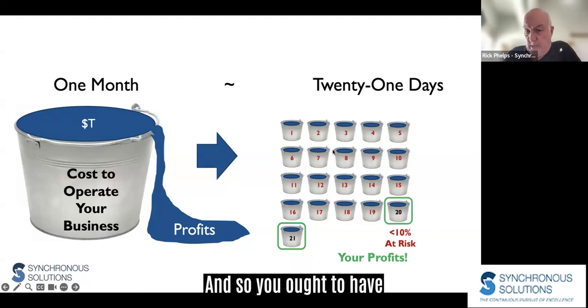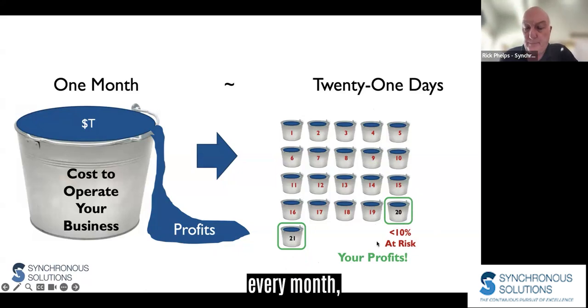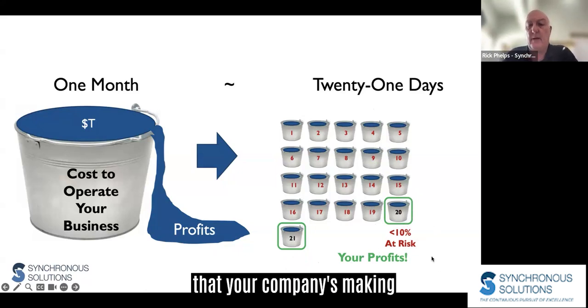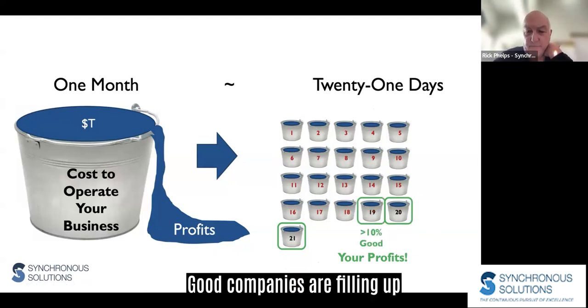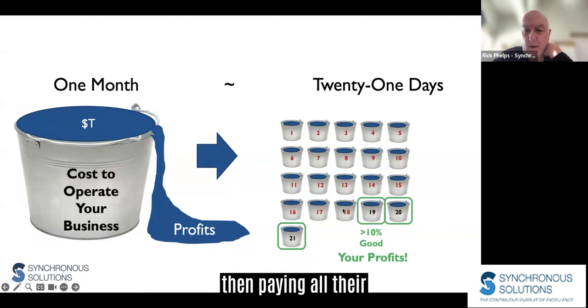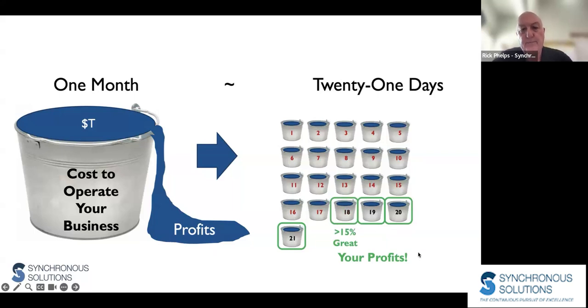And so you ought to have filled your OE bucket by the 19th day of your month, every month, to make sure that your company's making at least 10% net profit. Good companies are filling up and paying all their OE on the 18th day, and so they've got the 19th, 20th, and 21st, so they're above 10%. Really great companies are even earlier.